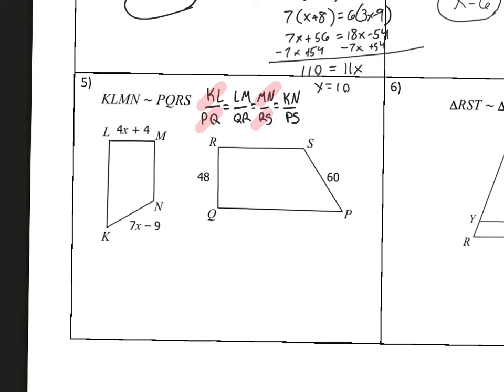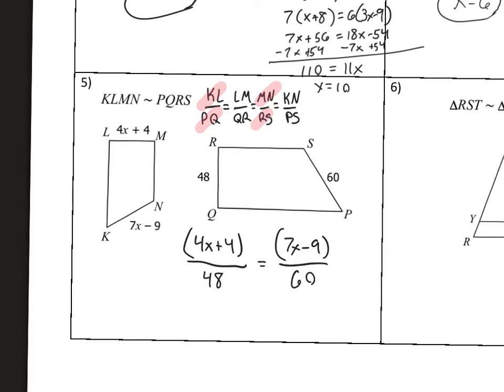So LM is 4x plus 4, and QR is 48. And that equals KN, which is 7x minus 9, over PS, which is 60.